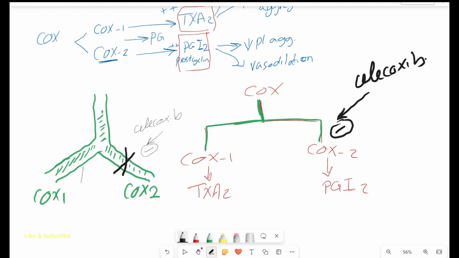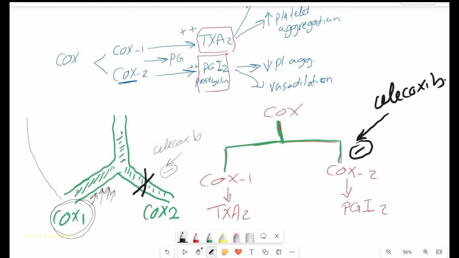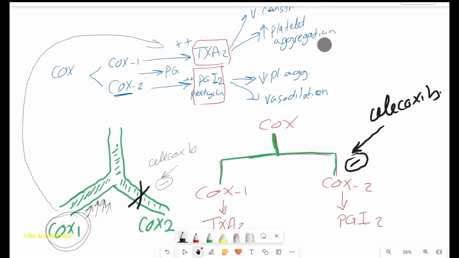So the result will be increased activity of COX-1. If you can look at what we have here, increased activity of COX-1 will lead to increased platelet aggregation and vasoconstriction.